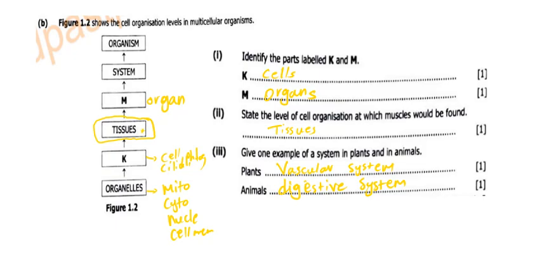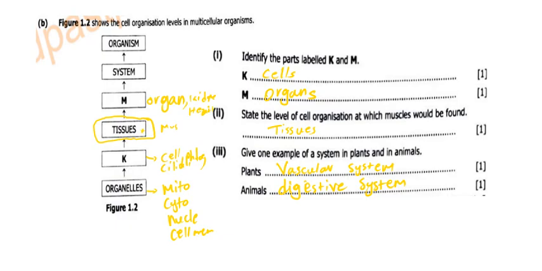Now tissues, you have the muscle tissues. We have the adipose tissues. All those are examples of tissues. Now M as in organs, examples of organs, we know we have the kidney, the heart. All those are examples of what? Of organs.